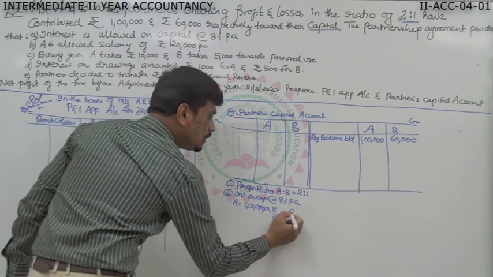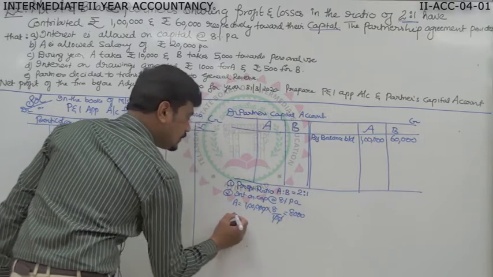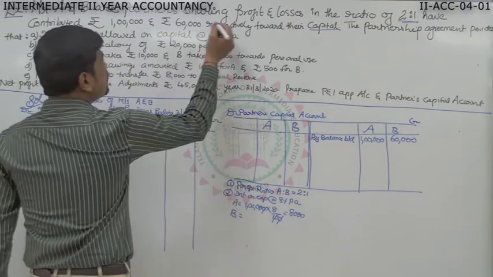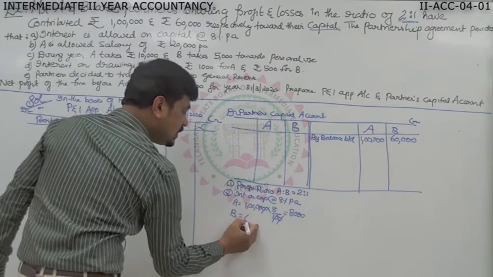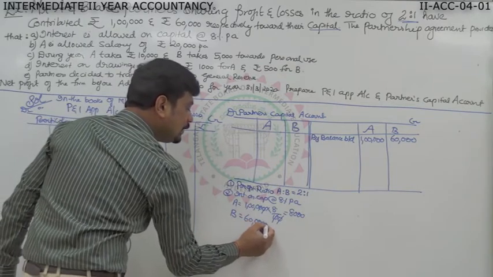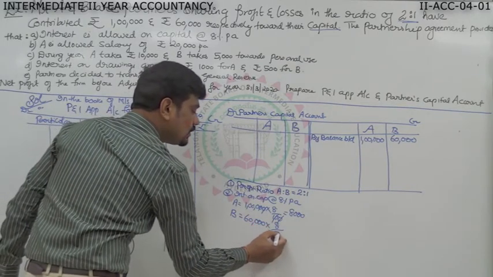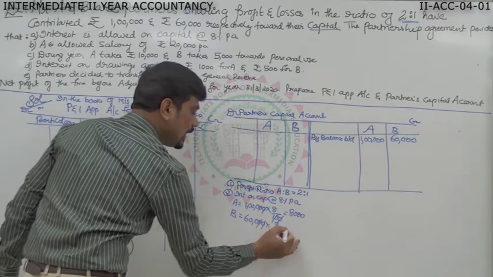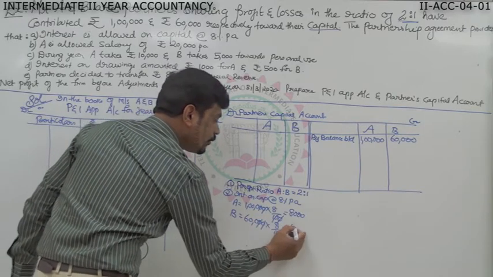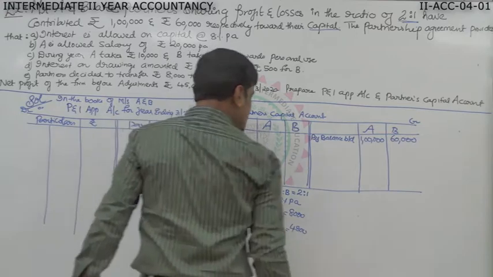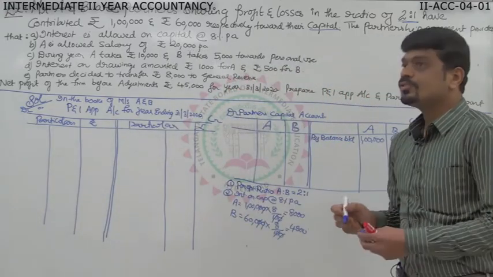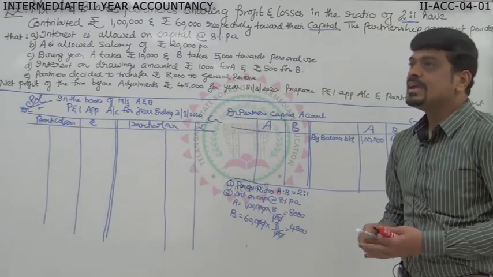So 1000 into 8 is 8,000. Whereas B's capital was 60,000 into 8%, zeros cancelled, 8 sixes are 48. 4,800. This is the interest on capital which A and B are getting.